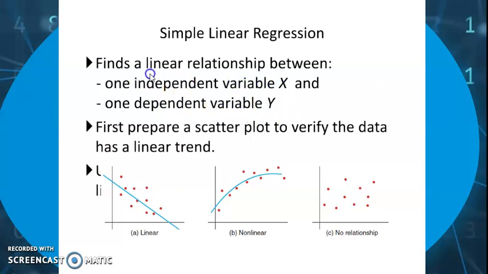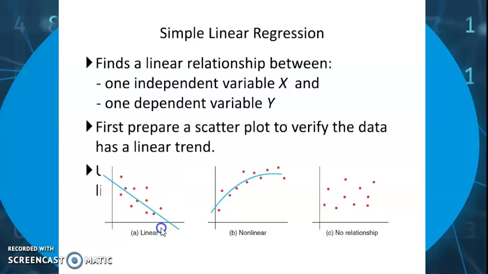So when we are finding the linear relation between x and y, we first prepare a scatter plot to verify whether the data has a linear relation or not. Once I have a tabular data set for x and y, I put it on a graph. And the moment I put it on a graph, by having a glance at the graph, I can say whether a linear trend exists or not.